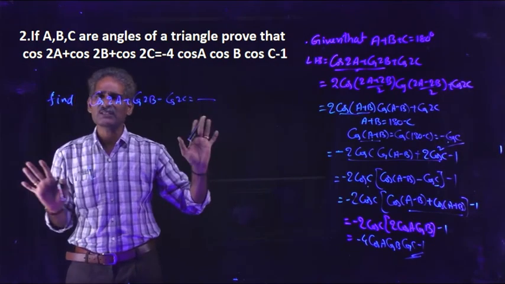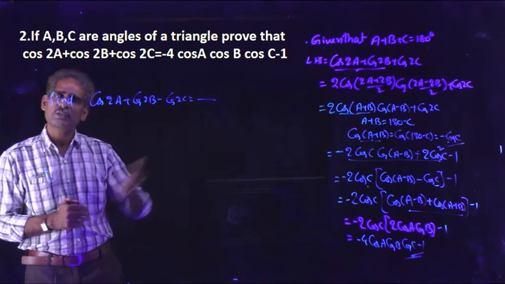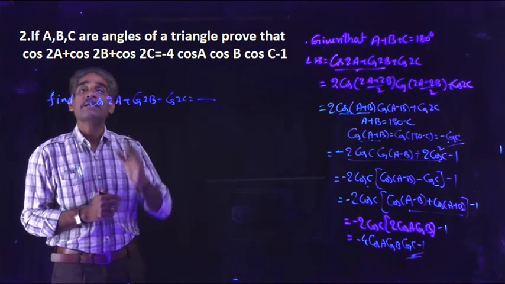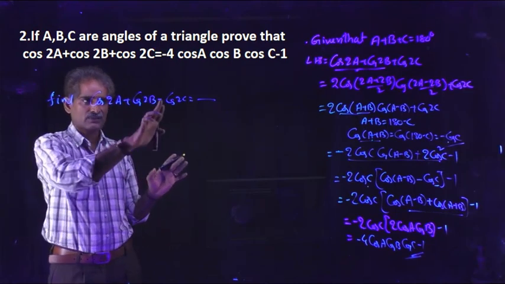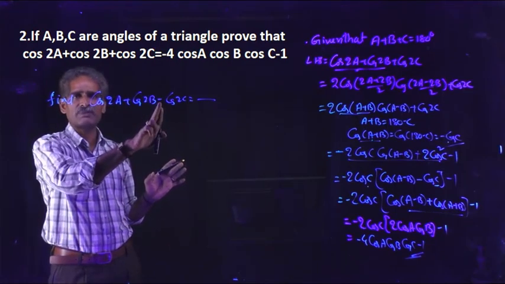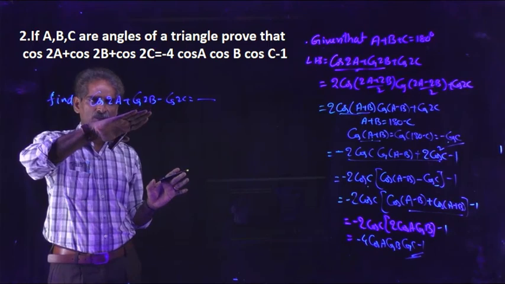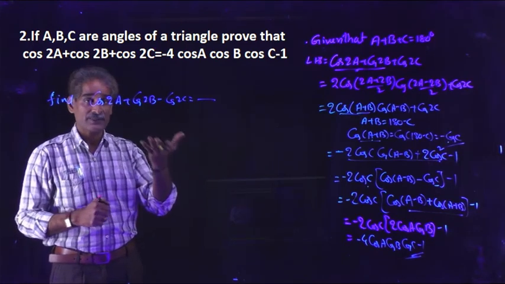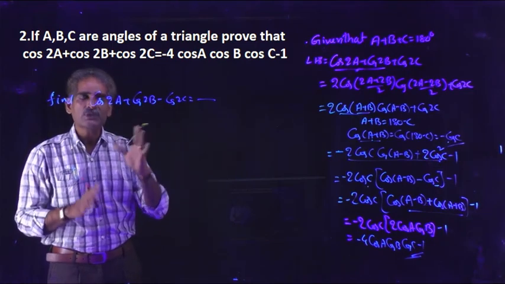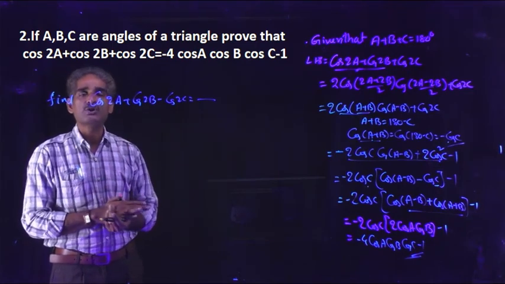You don't know the answer, just find it out. You will get the answer, at A plus B plus C equal to 180. Understand? I just changed one symbol, that's it. Just try to do this problem. In the next session I will explain it again. But on your own, try to do this problem.